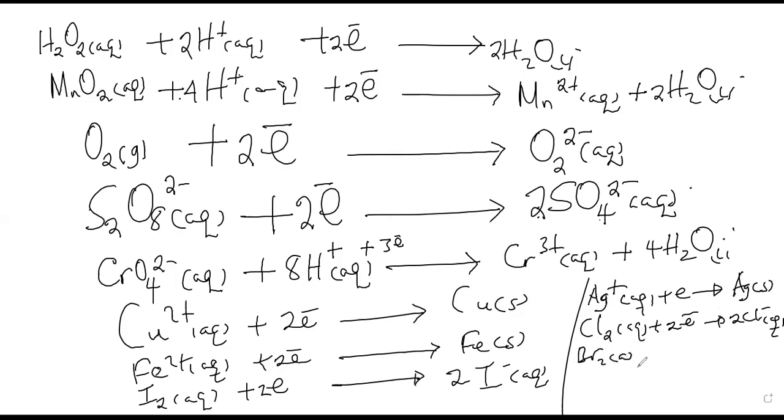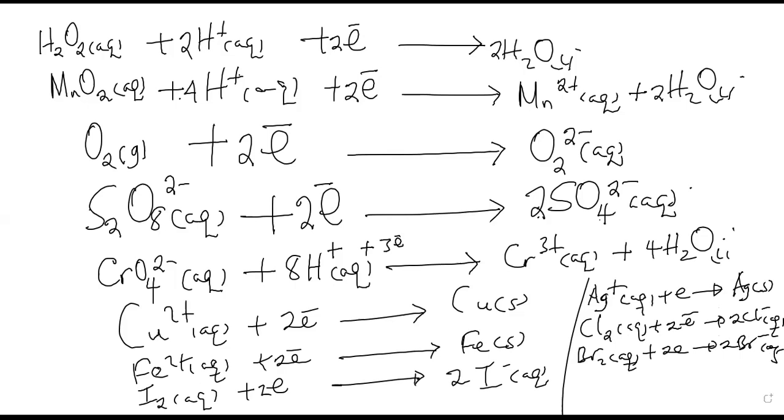Bromine gains 2 electrons to form 2 bromide ions. So these are the commonest oxidizing agents that we have and how they are reduced at the end of the redox reaction.